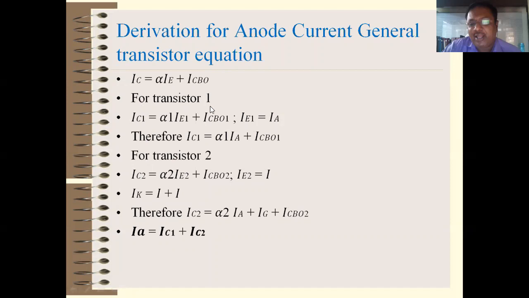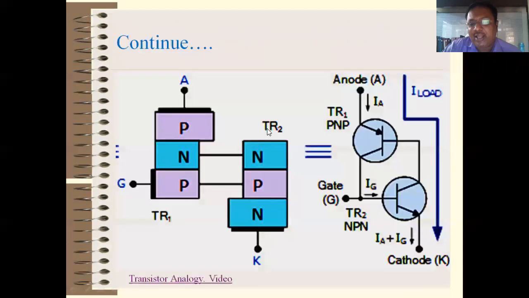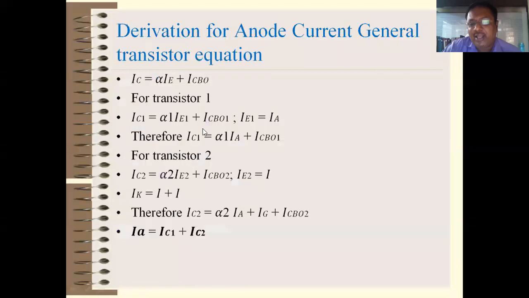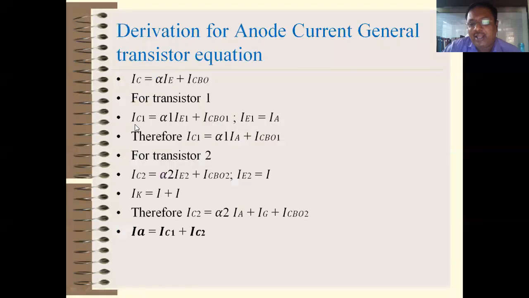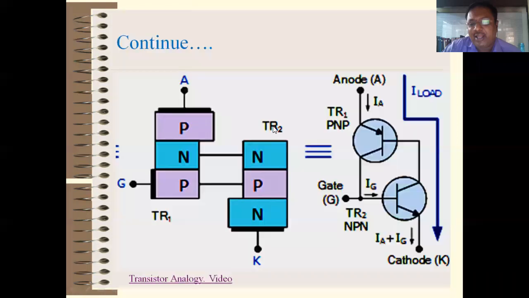Now for transistor 1, it's TR1, right? So this IC1, the collector current of transistor 1, is nothing but your IA, right? So IC1 equal to alpha 1 into IE1 plus ICBO1, right? Now IE1 equal to IA, that is shown here.